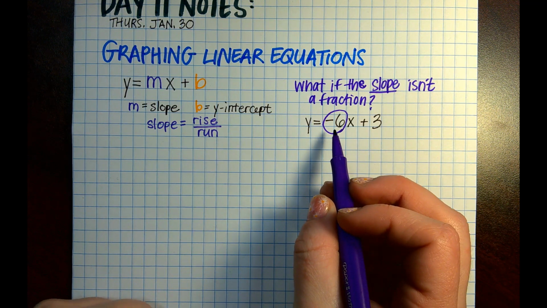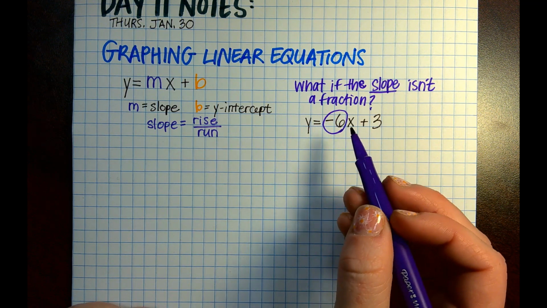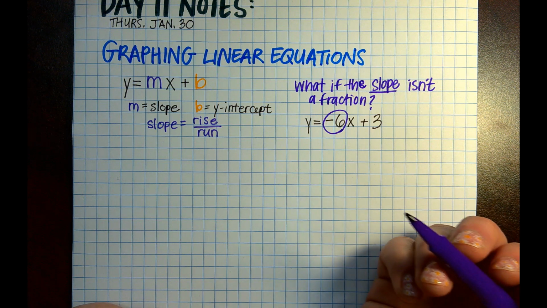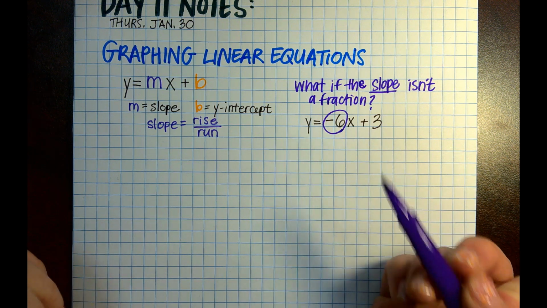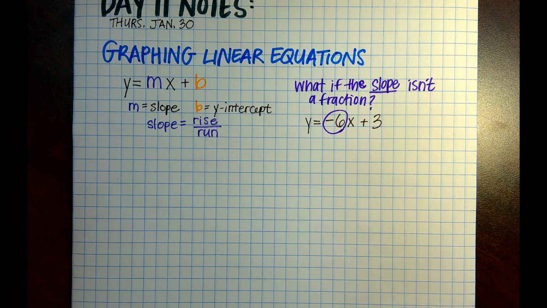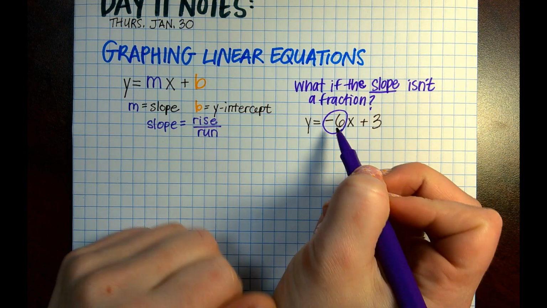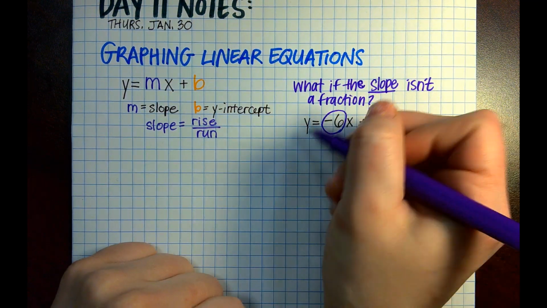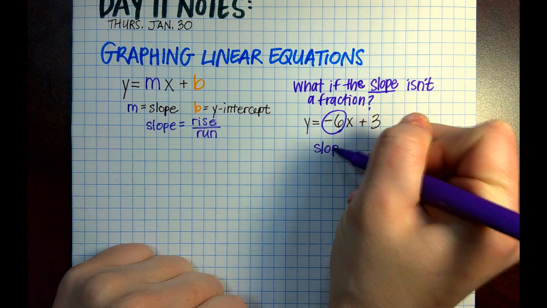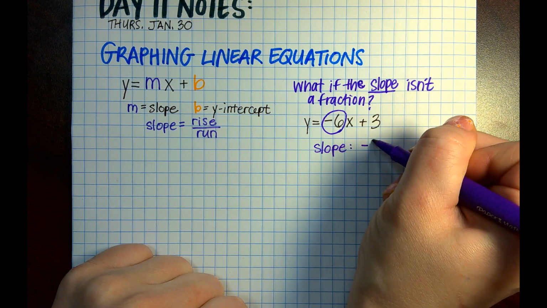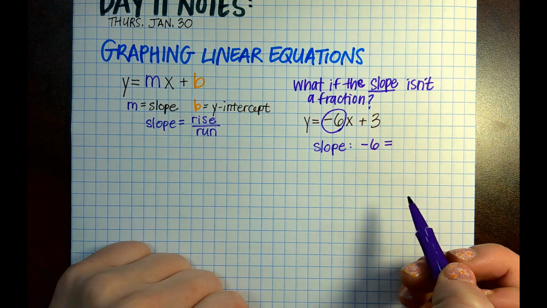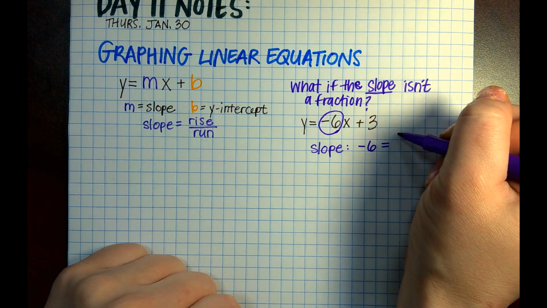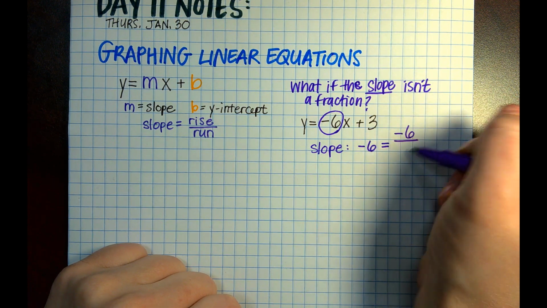So if I have a whole number as my slope, we just need to turn it into a fraction. Does anybody know how to turn a whole number into a fraction? You put it over 1. That's it. So if you have a slope of -6, instead of just keeping it as -6, we would change it to -6 over 1.